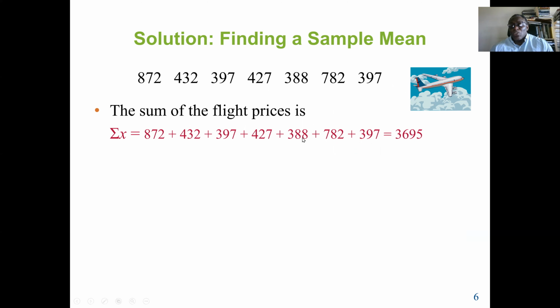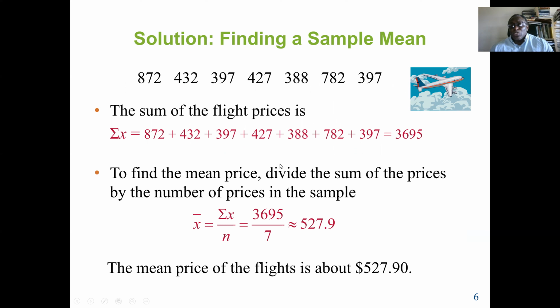Then we divide by the number of ticket prices, which is 7. So it will be 3,695 divided by 7, and the answer will be 527.9, which is $527.90.